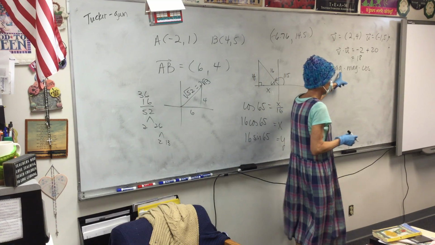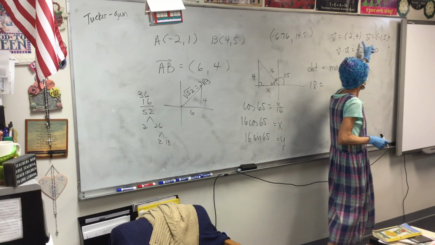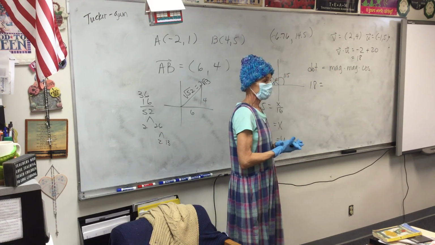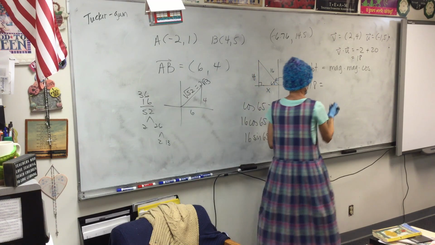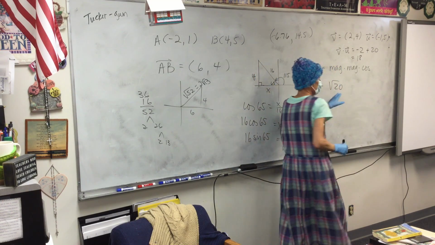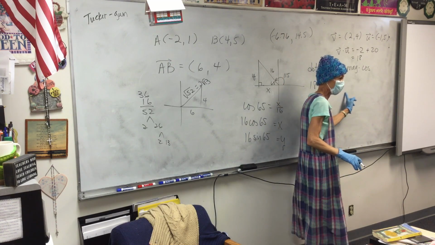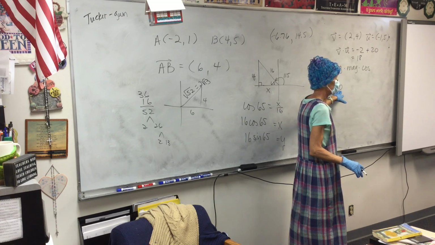Now, this means magnitude of the first, magnitude of the second. So here are our two vectors. What's the magnitude of V? Figure it out. How do you find magnitude? Square root of 20. Now remember, that is not the answer, so let's just leave it root 20. We're going to get 2 of these. Remember how we put them together and get just 1? So let's leave it root 20.